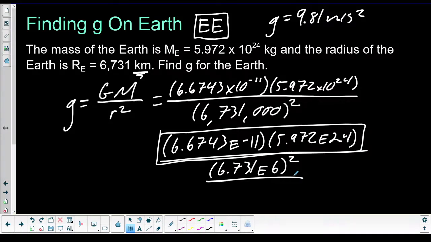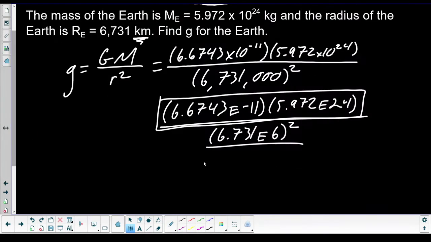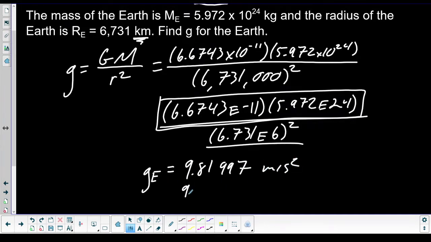And then when you do this, your answer should be: g of Earth is equal to, what I got using these exact numbers, 9.81997. So this actually rounds to 9.82, which I think is weird, because I don't think most people would memorize it as 9.81 if it actually rounded to 9.82.